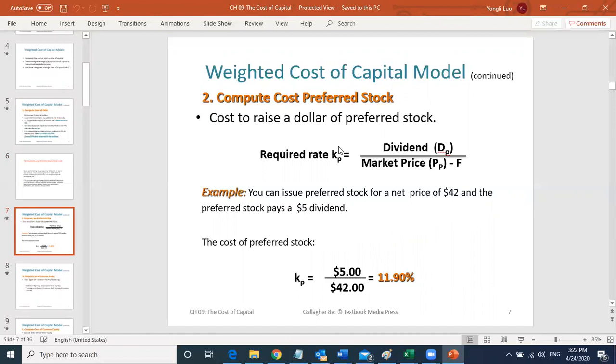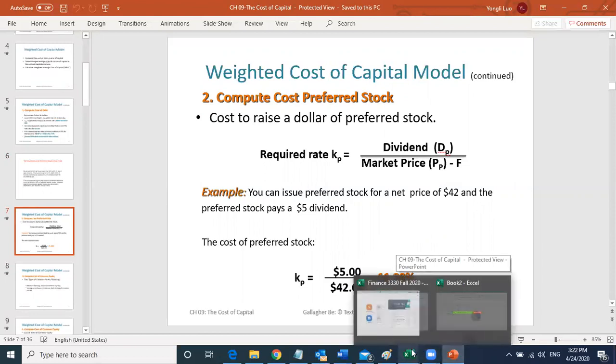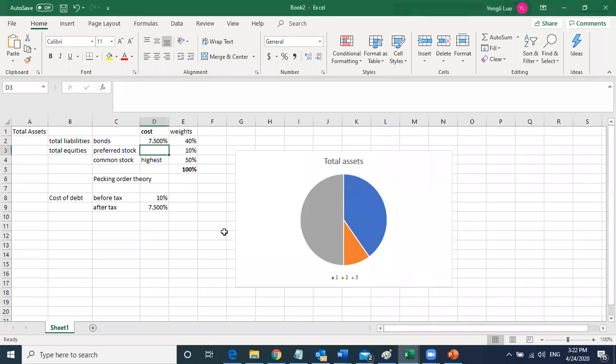So the required rate of return of preferred stock is going to be the dividend, $5, divided by the stock price, which is the market price. So it's $5 divided by 42, which is 11.9%.